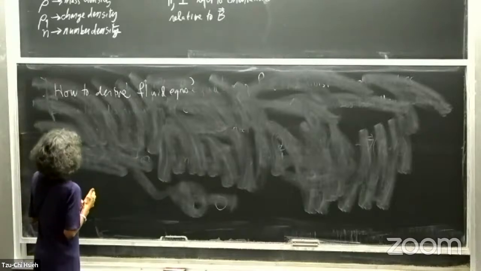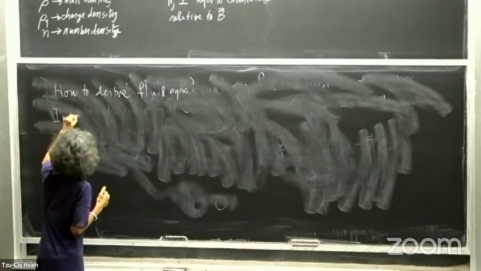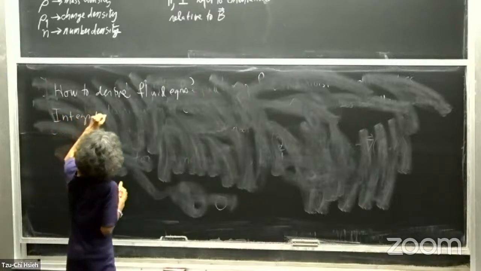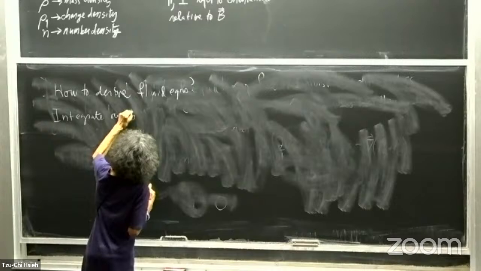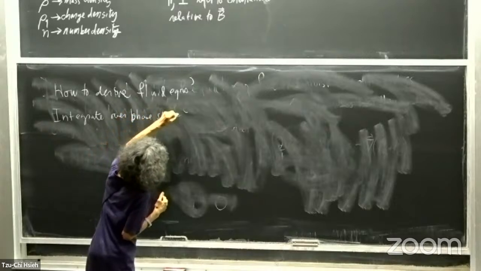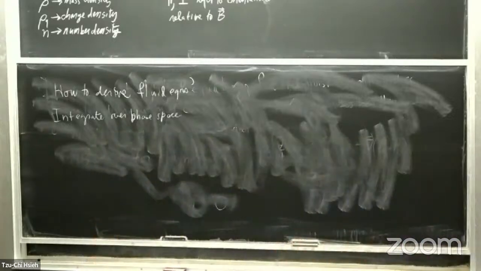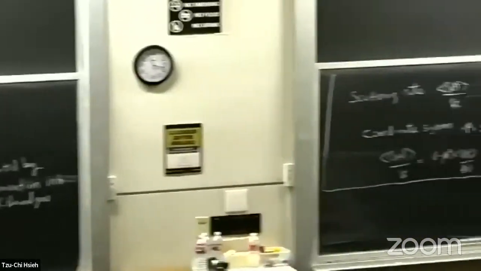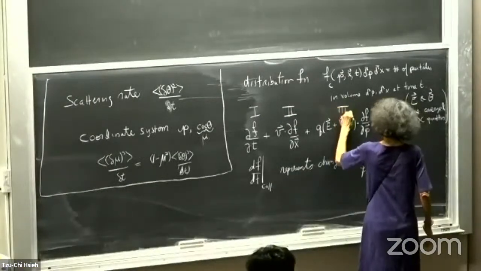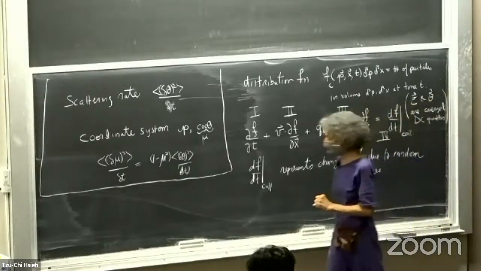So for example, let's integrate over phase space. Let me number these. I call this Roman numeral 1 and 2 and 3 and 4. Okay.